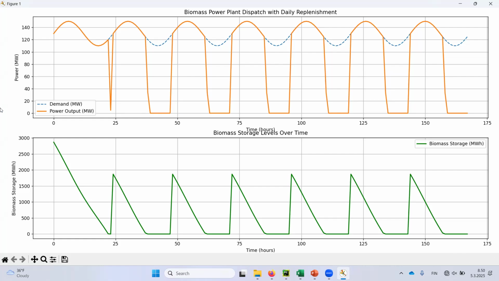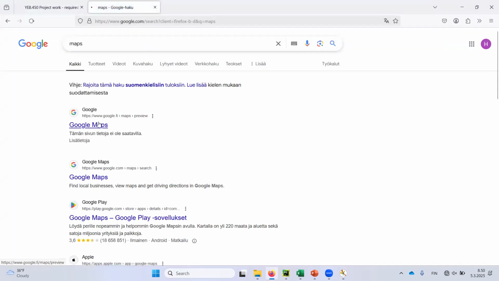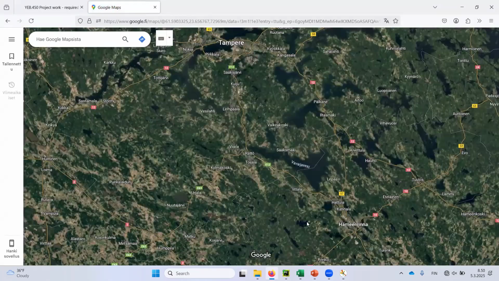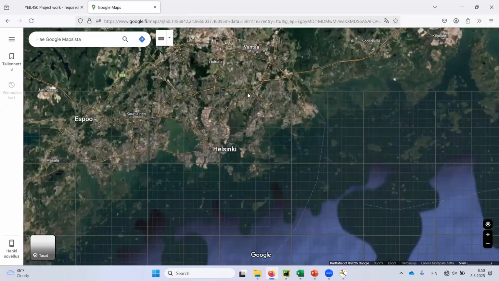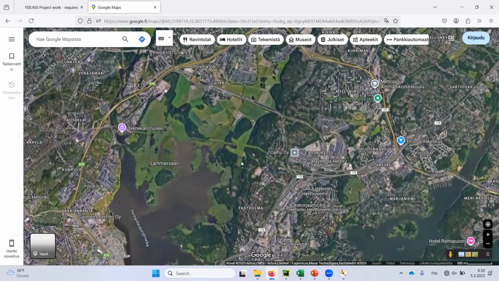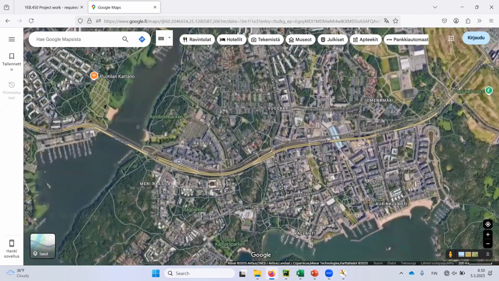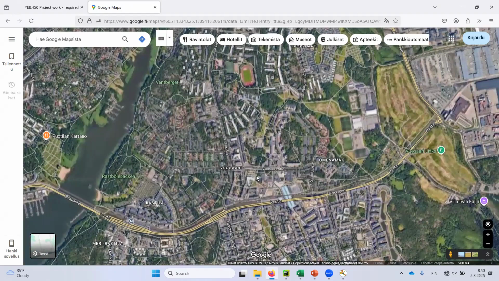a vehicle fuel tank. And usually these biomass storages compared to coal storages, coal can be left out in the open. But for example, let's see if I can find it from Google Maps. I can fast find this Vuosaari, I'm searching for that in here, and they have the power plant, and I find it from here.